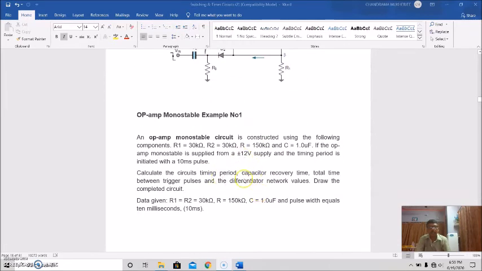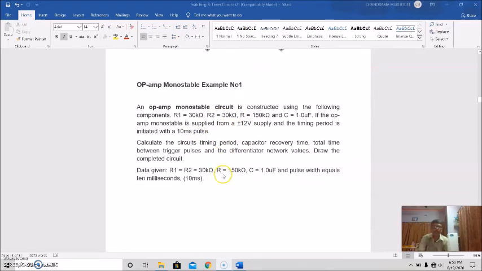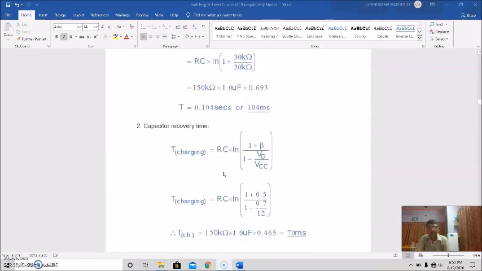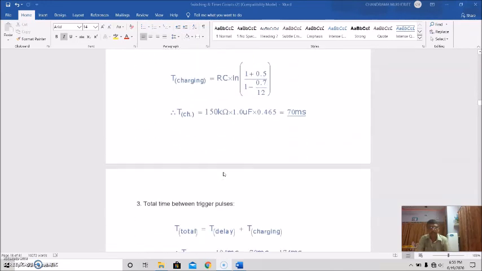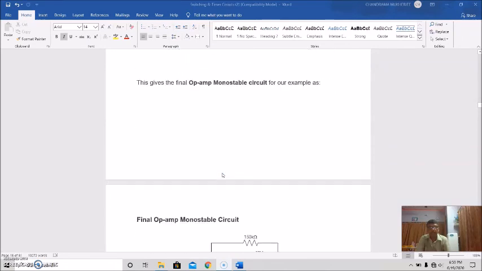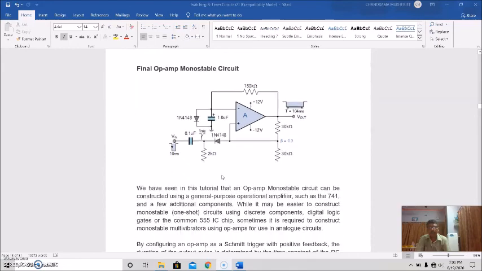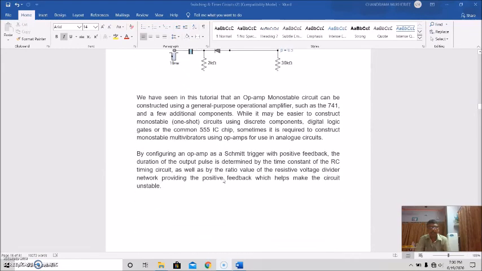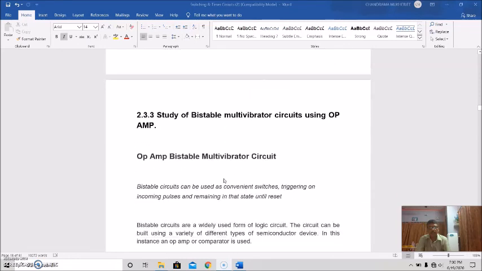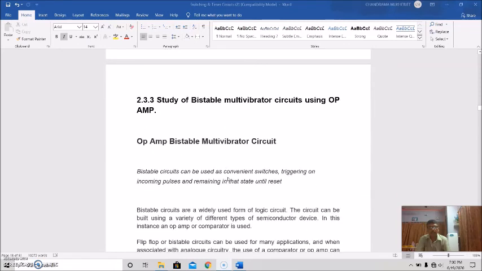Then we took an example of designing an op-amp monostable circuit and calculated everything, and this is the final monostable design circuit. And then finally we discussed in short the bistable multivibrator circuits using op-amp.